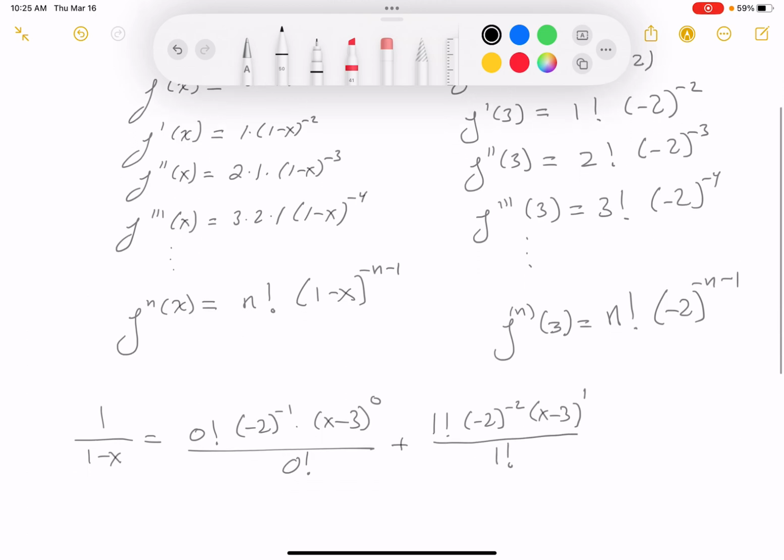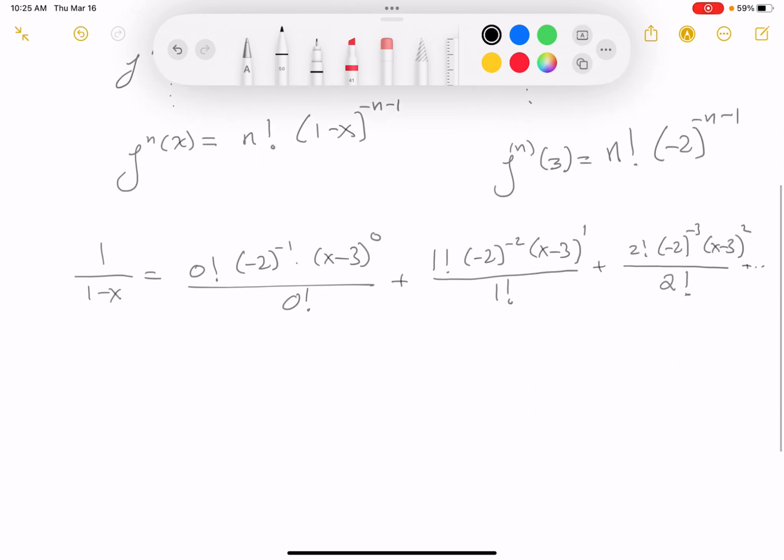I think you get the idea here, but put another one down. It's going to be 2 factorial times minus 2 to the minus 3, (x minus 3) squared over, we're at 2, right? So 2 factorial. I think you get the idea, all right?